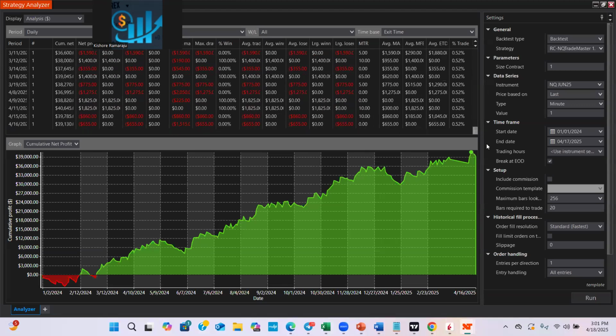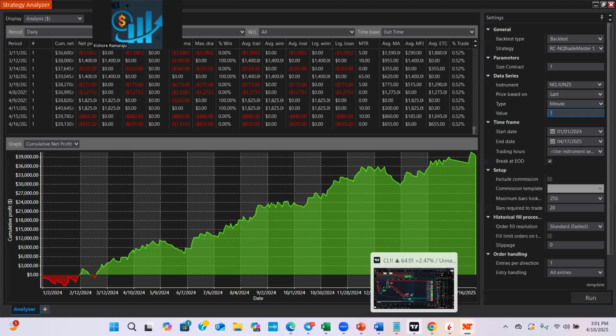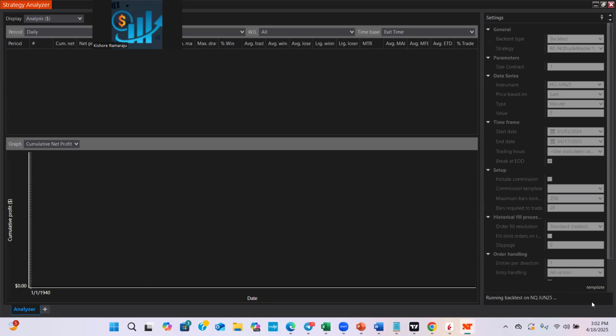So your curve will be overall positive, whether you use it in a personal account or prop account. If you have 150K, 250K, 300K accounts, this is one you can just enable throughout the day. You don't need to keep on changing. You have to use the 5 minute time frame in the normal candles, and you use one contract, and you just make it run.